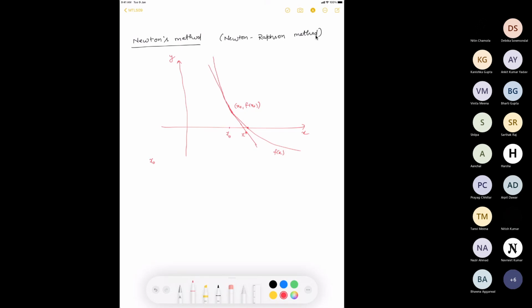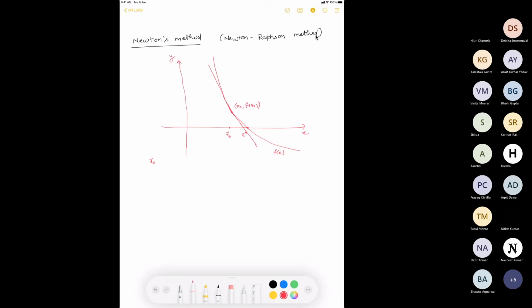Okay, that is, I have the graph f(x) and I start with the initial point x naught and I consider the tangent line at the point x naught, f(x naught), and I take that as an approximation of my f(x). Okay, so meaning that if my x naught is very close to x star, the tangent line will be very close to the function f(x) in the neighborhood of x star.